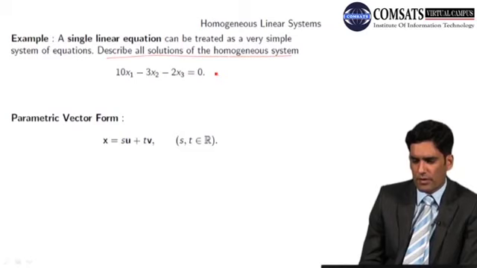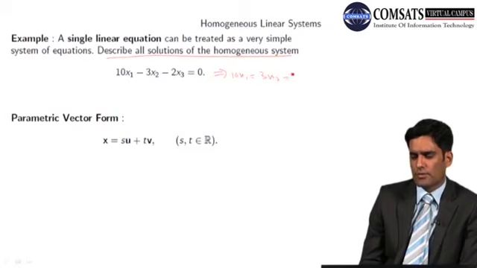So from this equation I can have 10x1 equals 3x2 plus 2x3 and x1 equals 1 by 10 times 3x2 plus 2x3, which is further equals 3 by 10 x2 plus 1 by 5 x3.